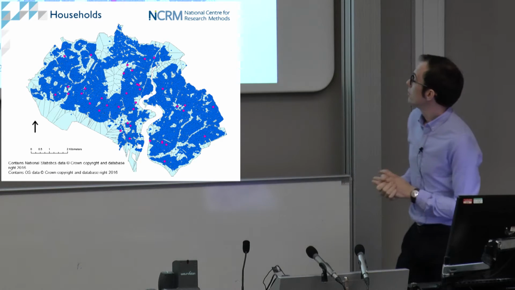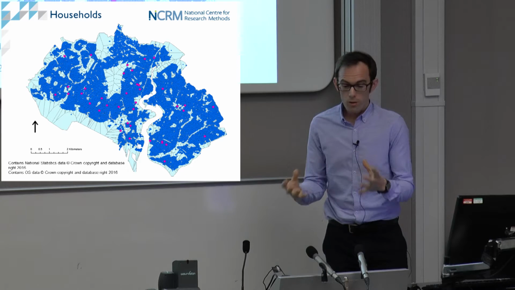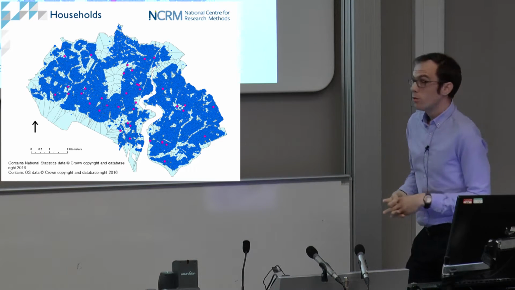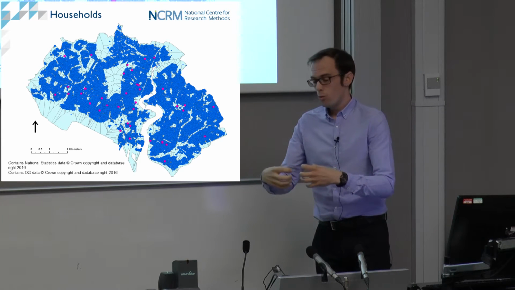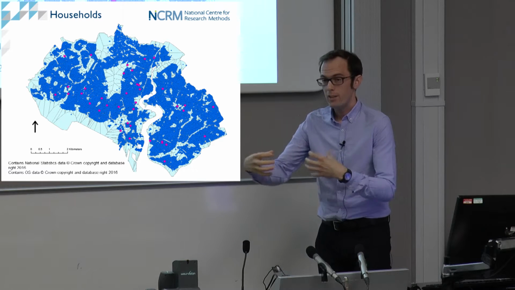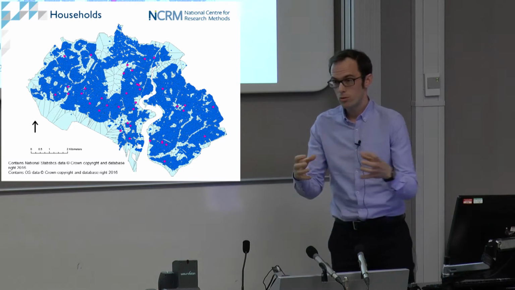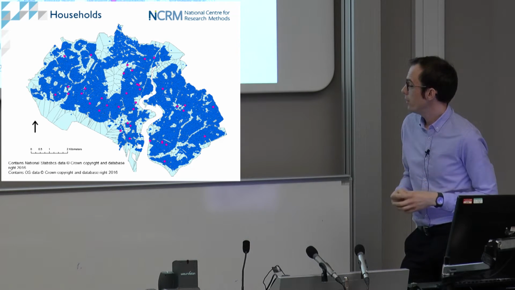Our last map, which I wanted to show you, is the household distribution within Southampton. We've used our postcode locations and created what we call offsets, where we're repositioning households away from the postcode centroid based on the count of the number of households per postcode.